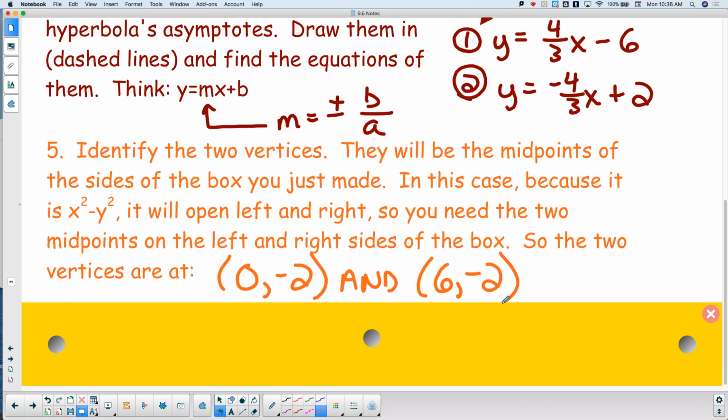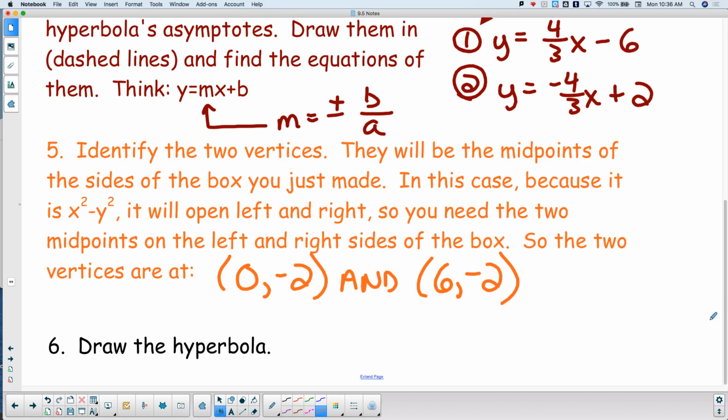Step number 6 now tells me that I can now draw in my hyperbola. And the nice thing about that is if you followed steps 0 through 5, drawing in your hyperbola, everybody in the room should be exactly the same.